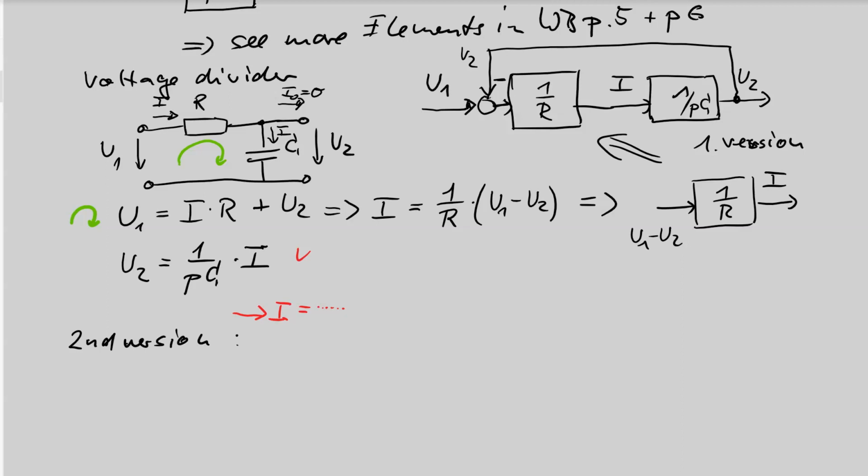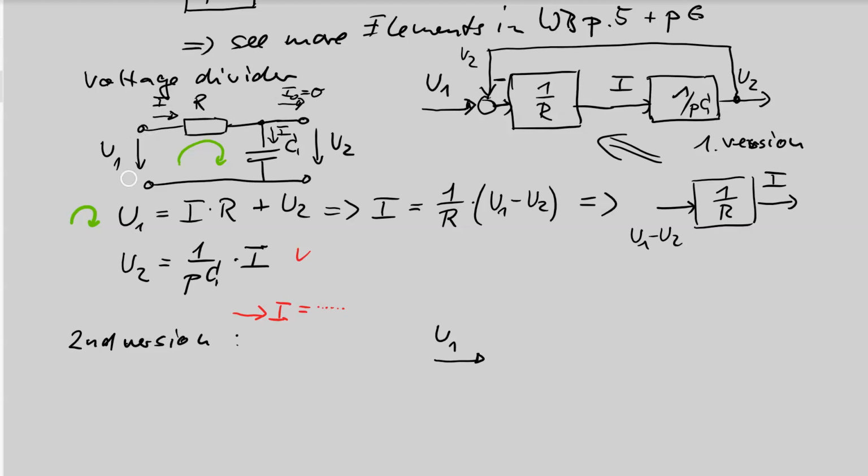The second version starts with the same strategy. Input must be U1. There is no other application possible. Normally, of course, you can also say this is input and then this is output, but this is senseless, because if this is a voltage source, then this voltage source is just connected directly with C, and if this is an ideal voltage source, this has no effect, and then you have just a resistance here.